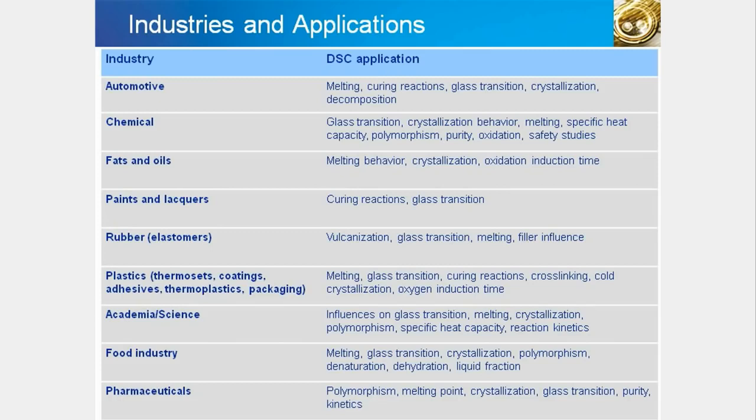Other DSC applications deal with the influence of additives, fillers, or the processing of materials. The characteristic shape of the individual DSC curves is used for quality control. I would now like to present several different application examples that demonstrate the analytical power and versatility of the DSC technique.